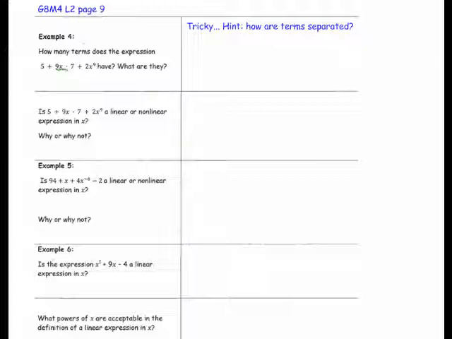And so 9x times 7 is technically one term. So we have 5, 9x times 7, and 2x to the 9th. So there are 3 terms.